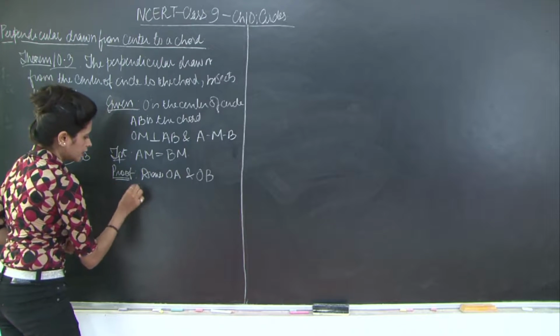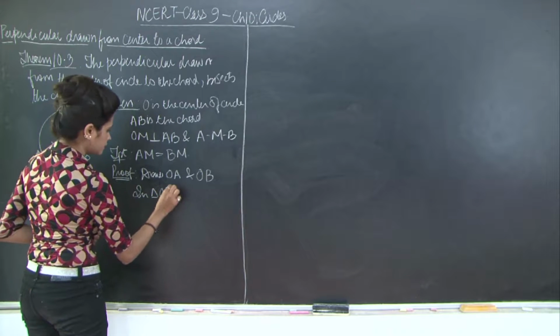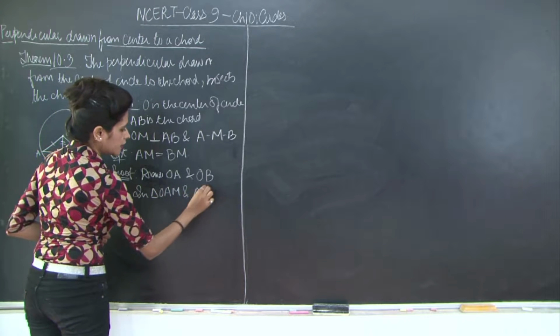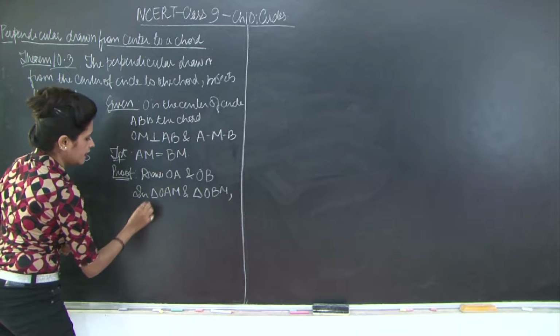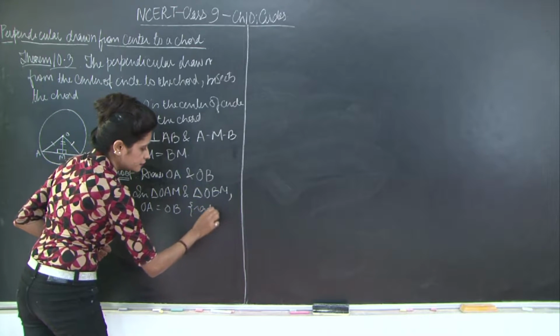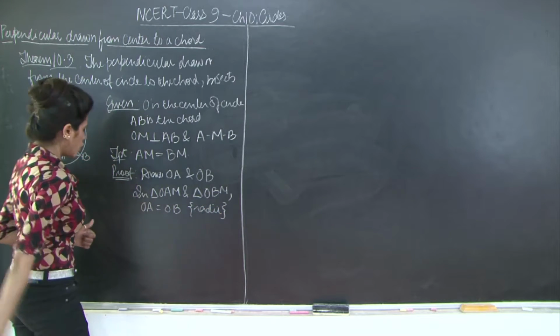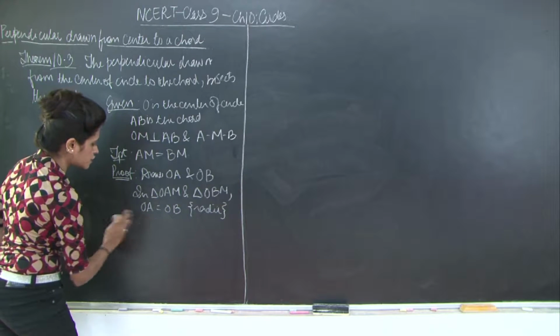Now in triangles OAM and triangle OBM, OA is equal to OB, radii of the circle. Also you have hypotenuse. So these were the hypotenuse, right?